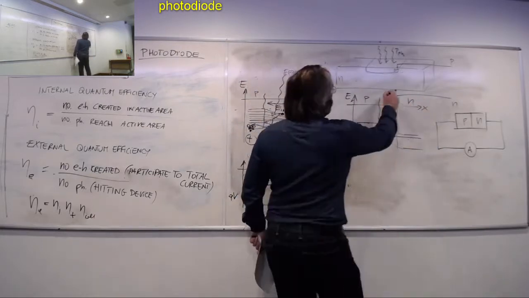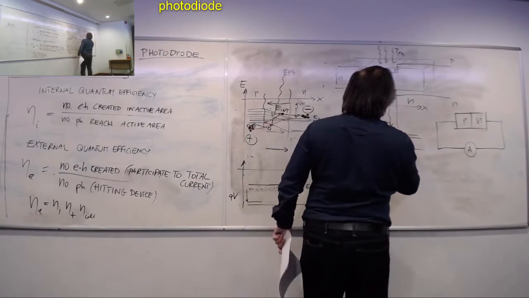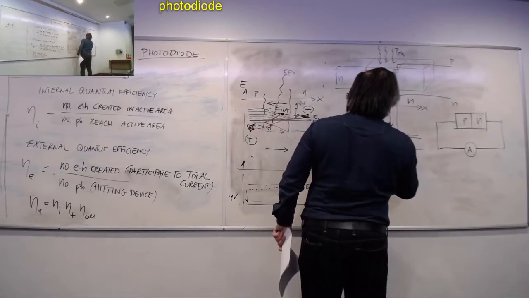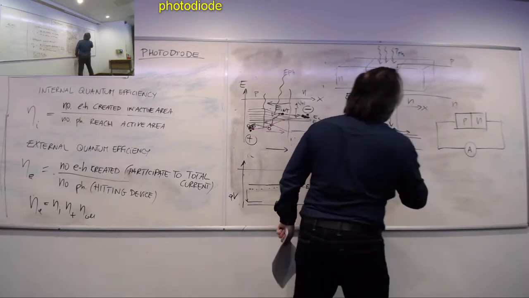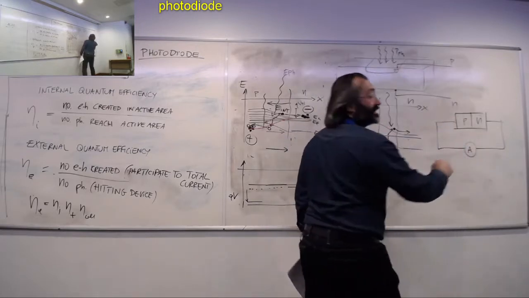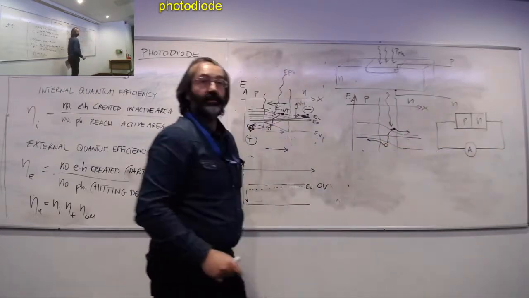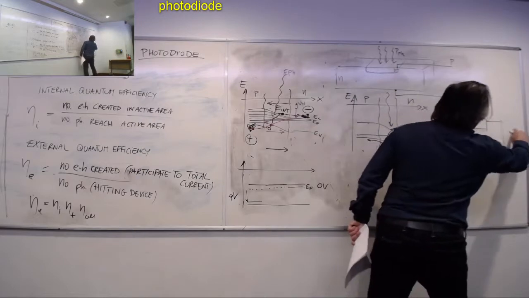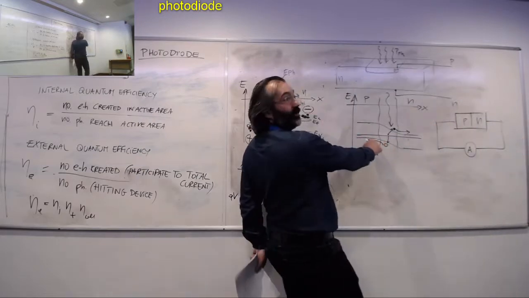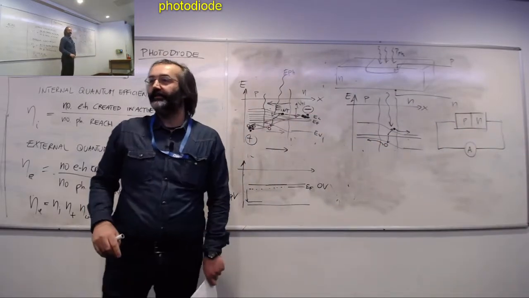Still, if there is a photon reaching this point, this will generate an electron and a hole that get separated, and now they recombine externally through the circuit. So this electron, imagine, goes out, meets the hole, and we recombine.